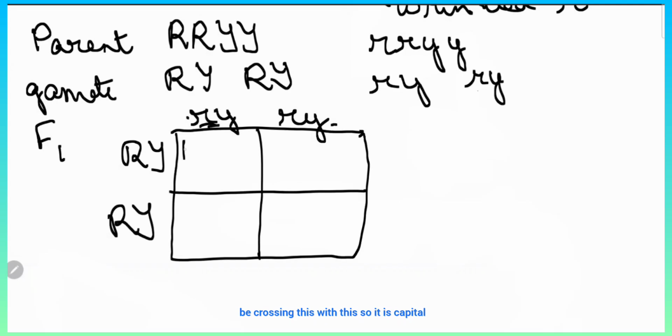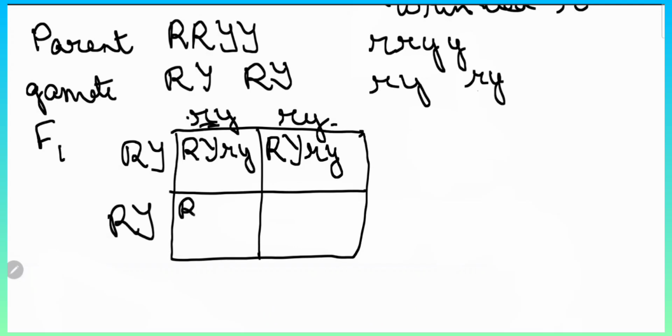So it is capital R, capital Y, small r, small y. Again this and this, capital R, capital Y, small r, small y. Similarly here also. So what we see is that all the combinations in the F1 generation are the same.